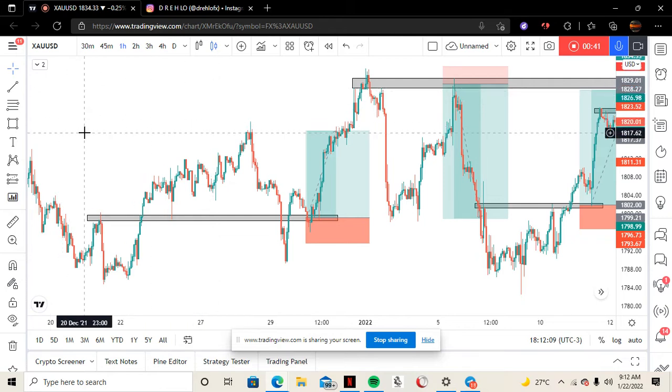So right now, as you can see, this is my first entry on gold. I've been trading all types of forex pairs and indices, and I wasn't seeing the consistency I actually needed.